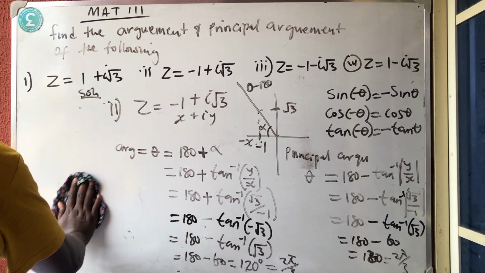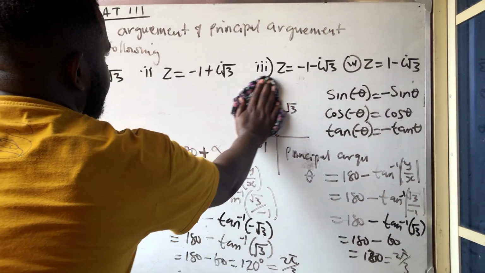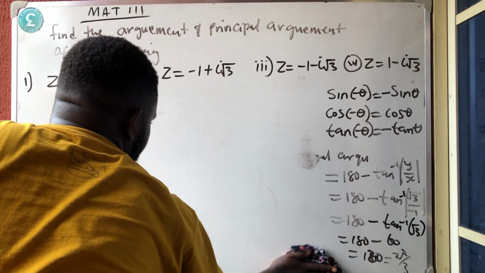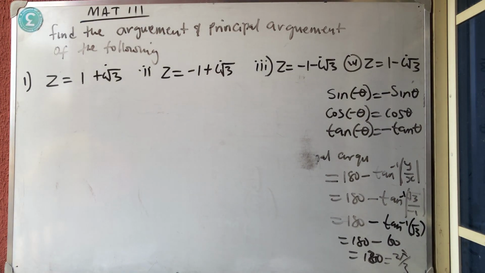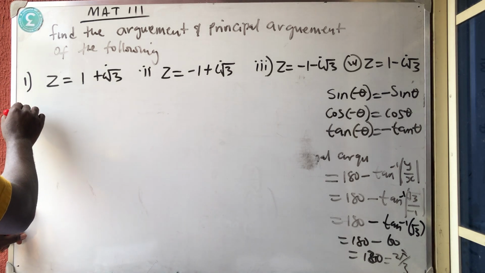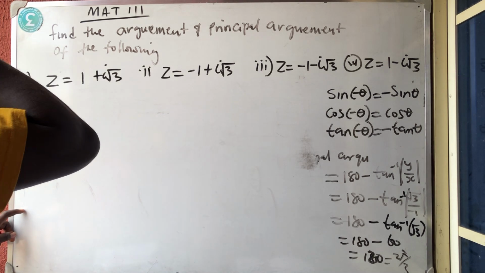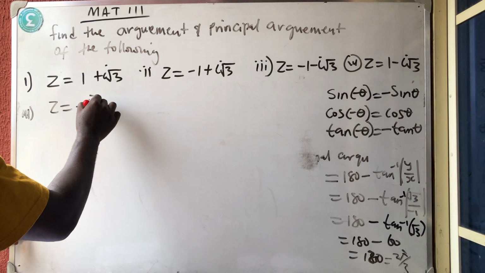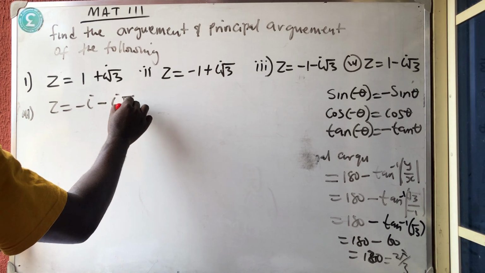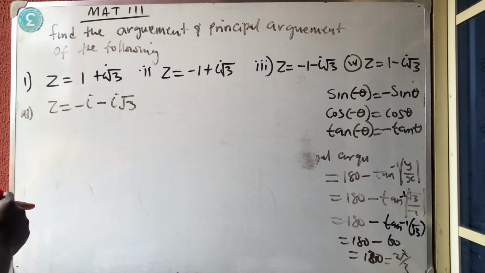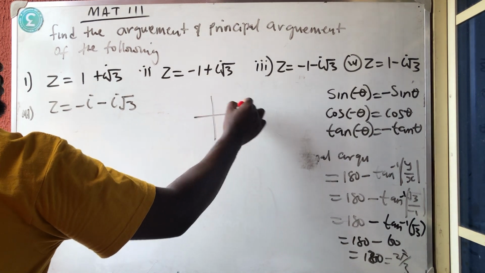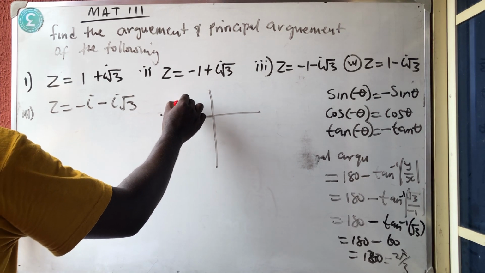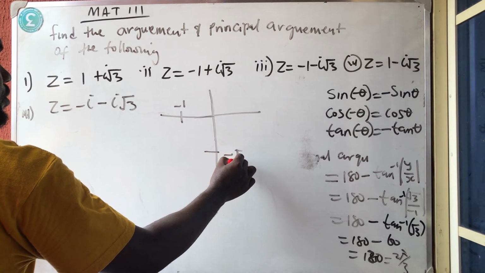Okay, that's for the second quadrant. So for the third quadrant, I'm having that z is equal to minus i root 3. Okay, so if you draw it, this is minus i and this is minus root 3.